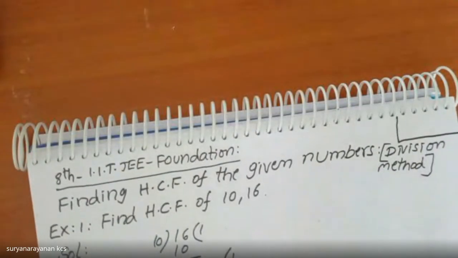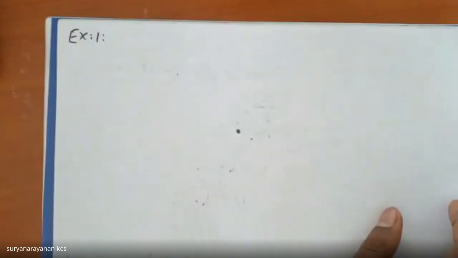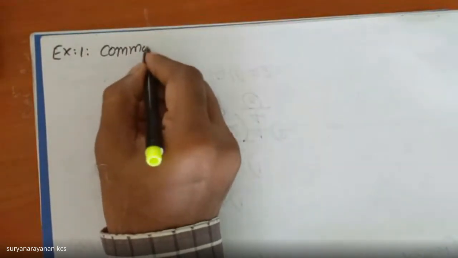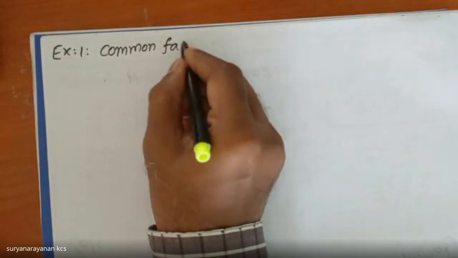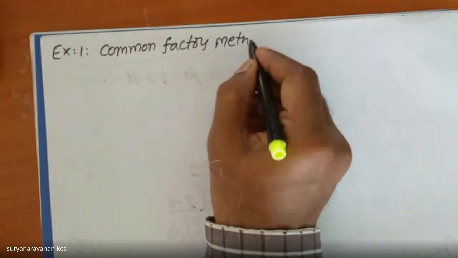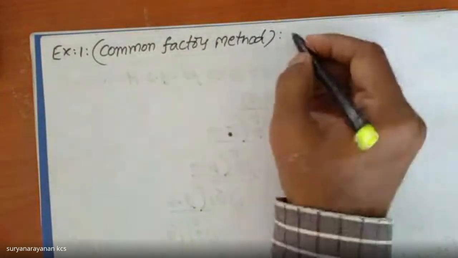I will explain that method also for the same two numbers. This method is called the common factors method. Okay.